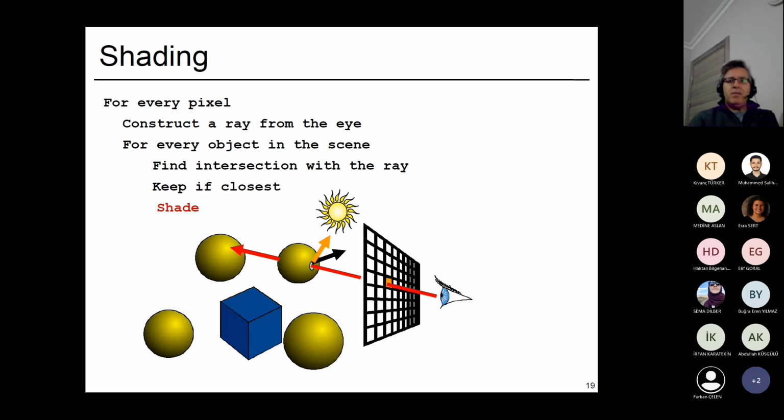So it may be advantageous if you have fast algorithms to find the ray intersection with your objects, and if your objects are simple or compact objects, that intersection works very fast. In that case, this could be quite fast as well.